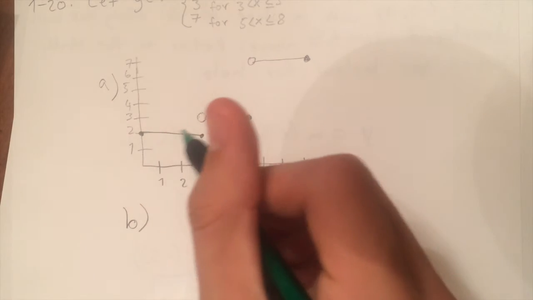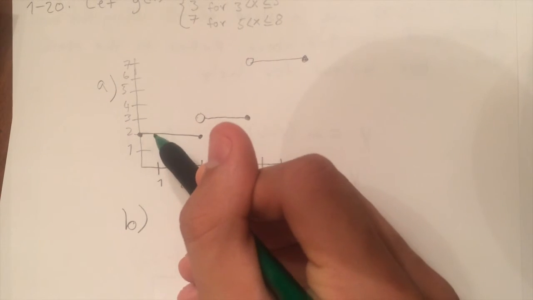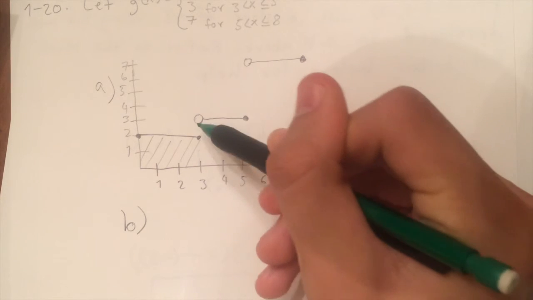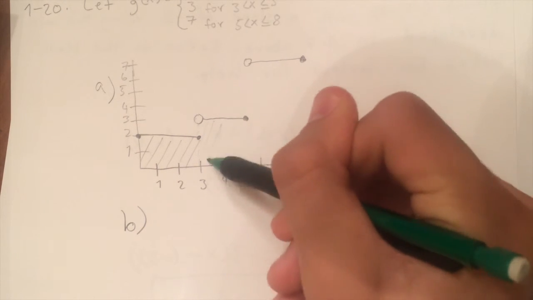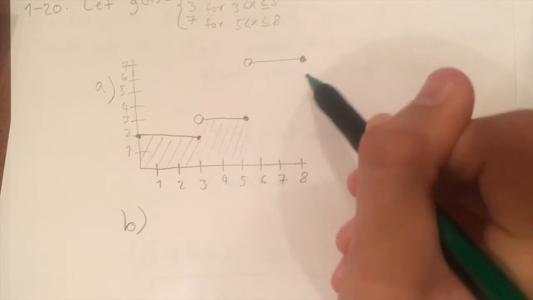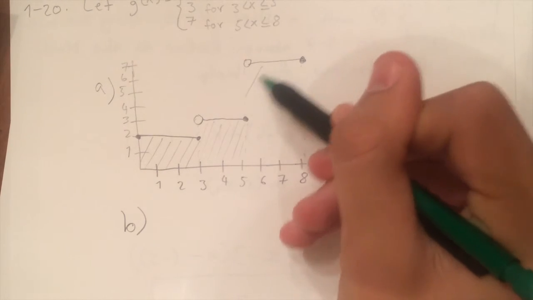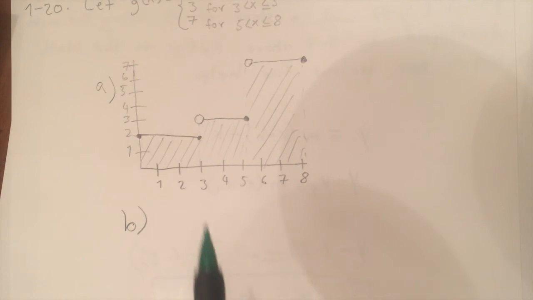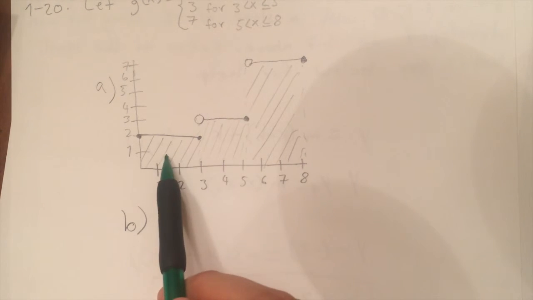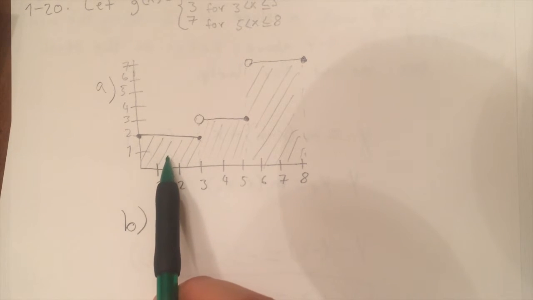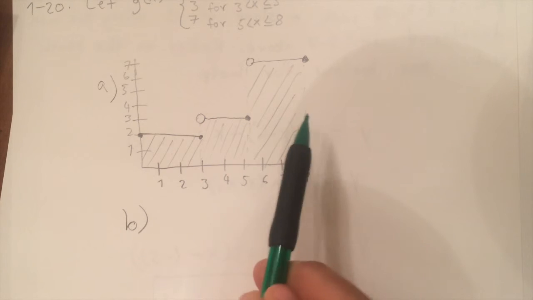So let's go ahead and shade it up here on this graph. You'll notice that we get 3 rectangles right here, so it shouldn't be too hard to calculate the area. Here's the first, here's the second, and here's the third.